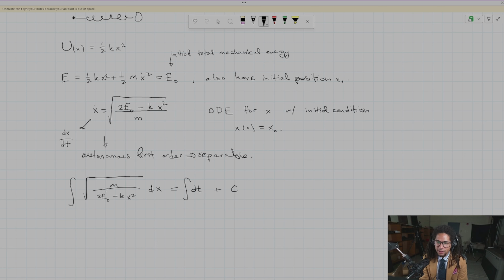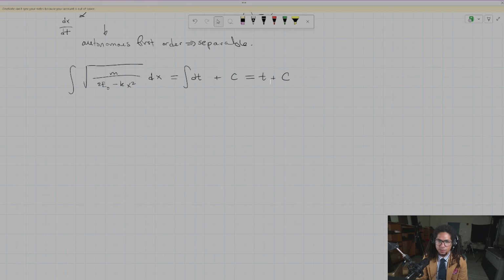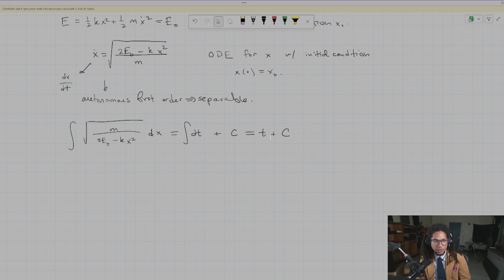We'll put the constant on that side. Let's just carry out the right-hand side right away. That's going to be t plus a constant. Good. Okay, the left-hand side is actually going to require some work. What we're going to need to do is a u substitution.